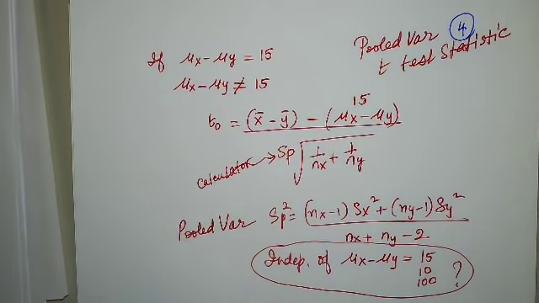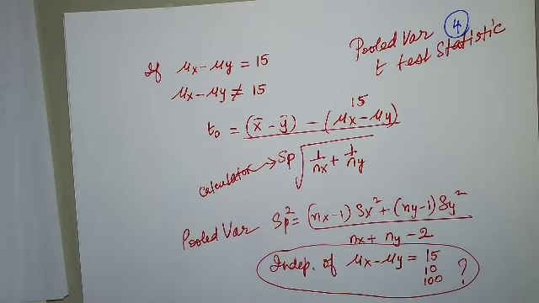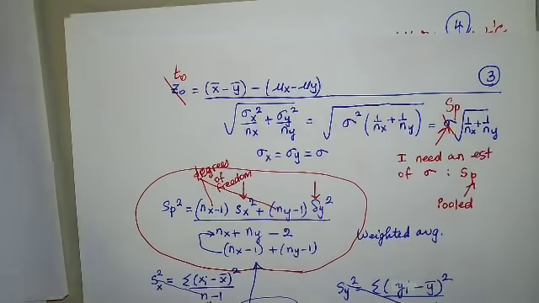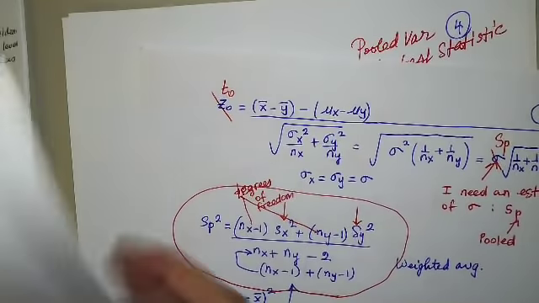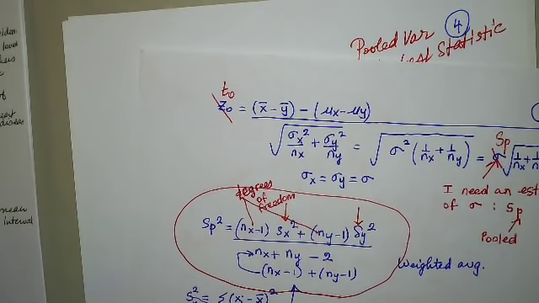It's either pooled or unpooled based on the results of the F-test. When the F-test is significant, you use unpooled. When the F-test is not significant, you use pooled. And you use either this formula or the simpler unpooled formula with new degrees of freedom based on whether you're doing pooled or unpooled. And that's it for this whole chapter.